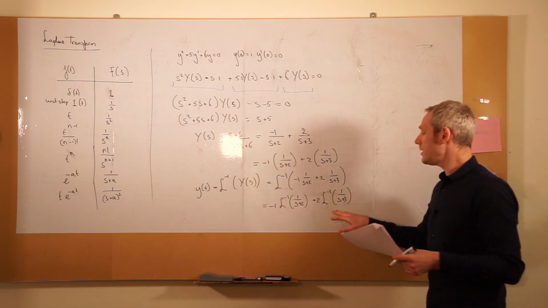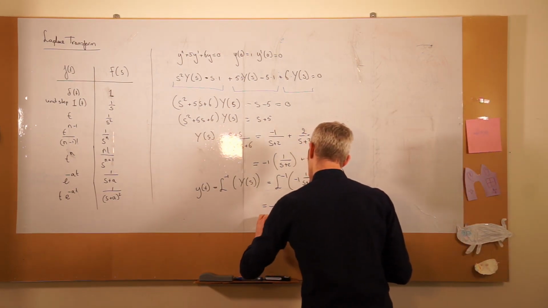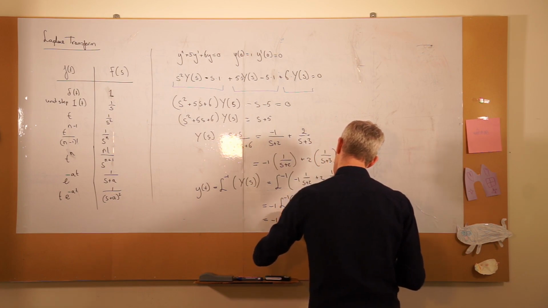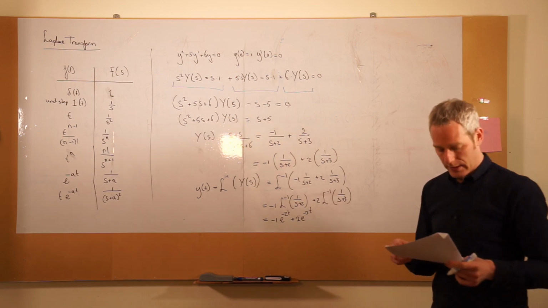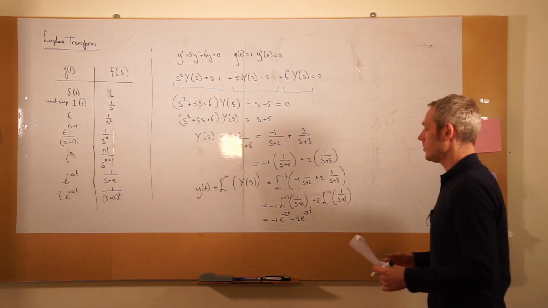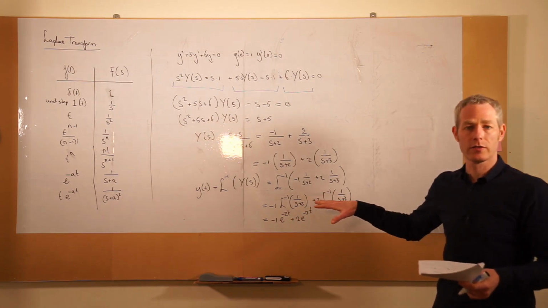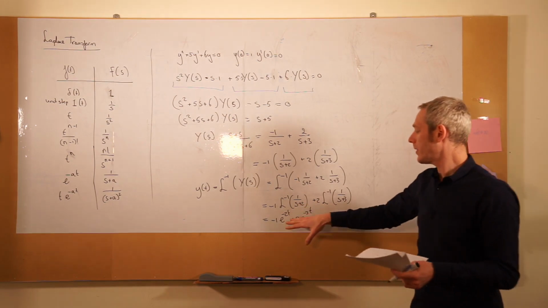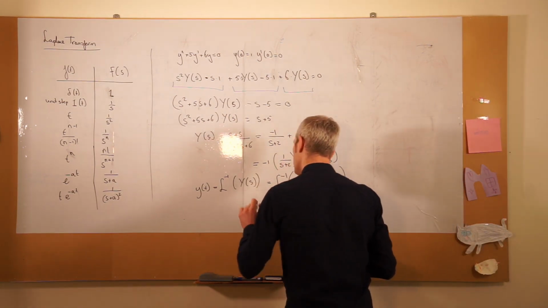And I know these, so what I get is -1 times e to the power of -2t plus 2 times e to the power of -3t. There are two interesting things we can deduce from this. We don't have any constants. The initial conditions that we set are already incorporated in our answer. This is the solution to the differential equation.